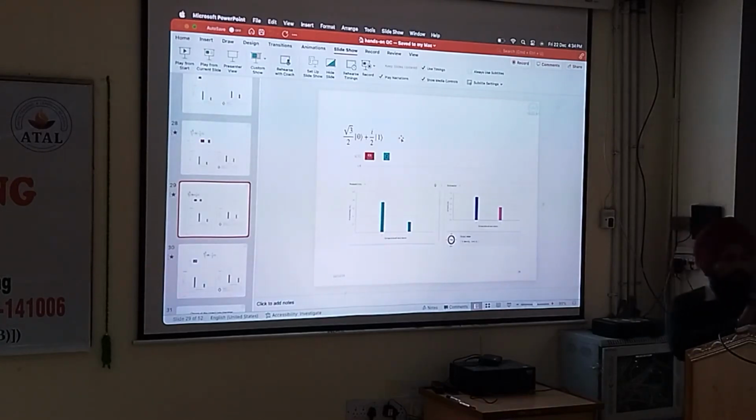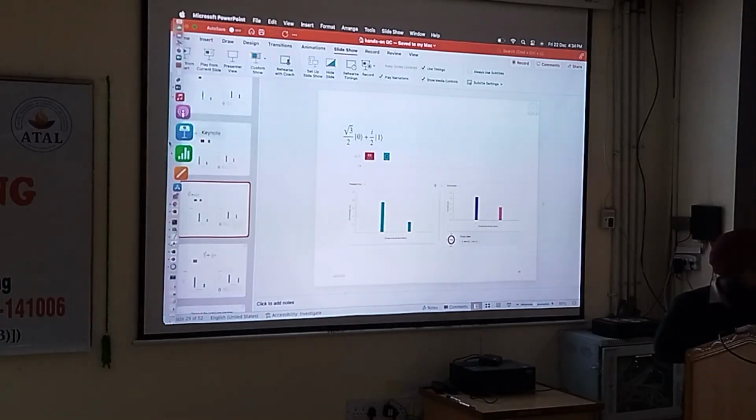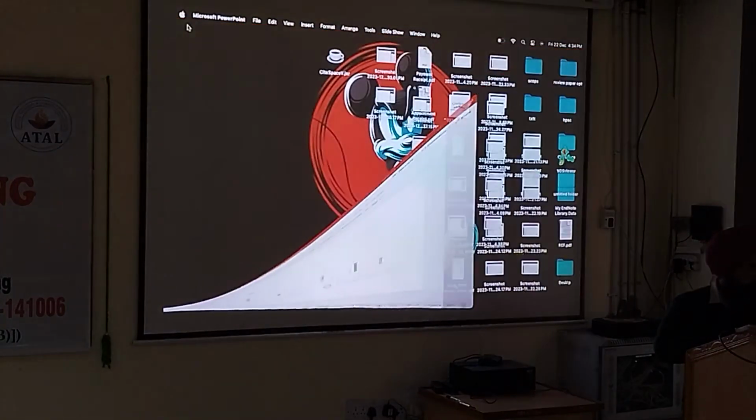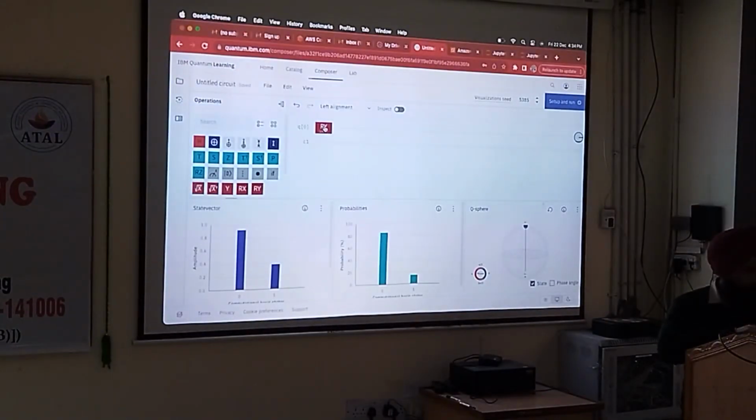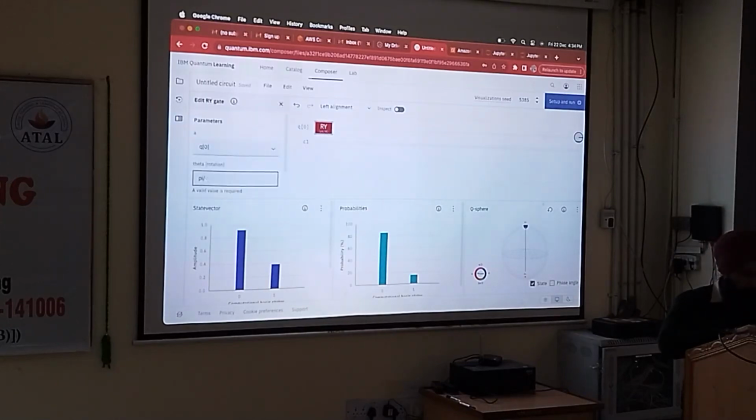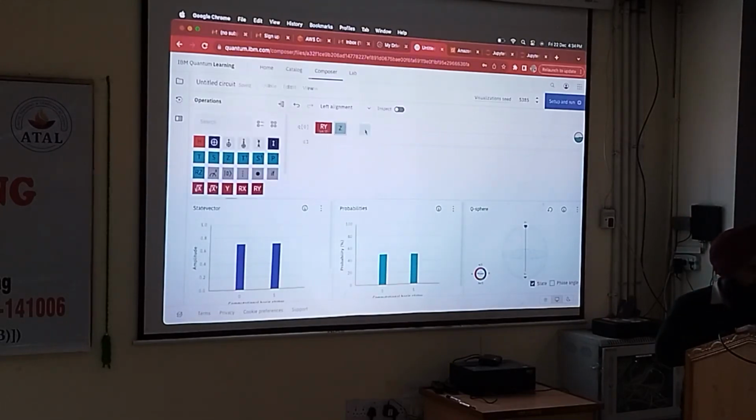And we use Z to change the phase. Changing the phase gives the negative value. Is it a negative value or not?